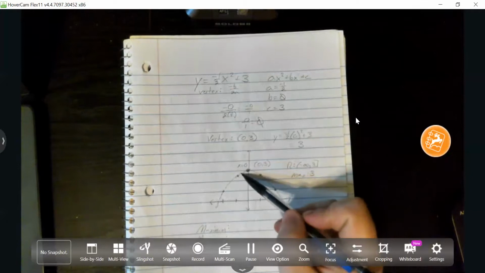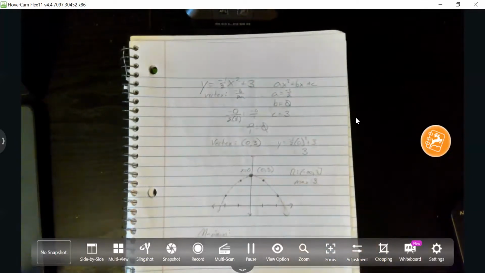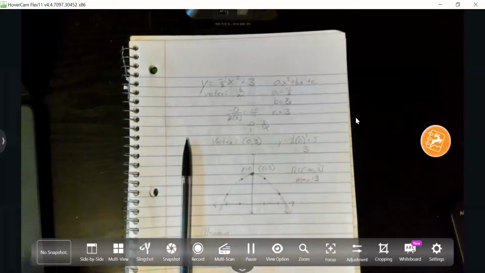Upside down because of the negative, wider because the a value is less than 1. Up 3 units to where our vertex is. My axis of symmetry is x equals 0. So that's what I'm looking for. It's very similar here at the beginning to what we did when we first started talking about absolute value graphs. Draw neatly, it'll help.